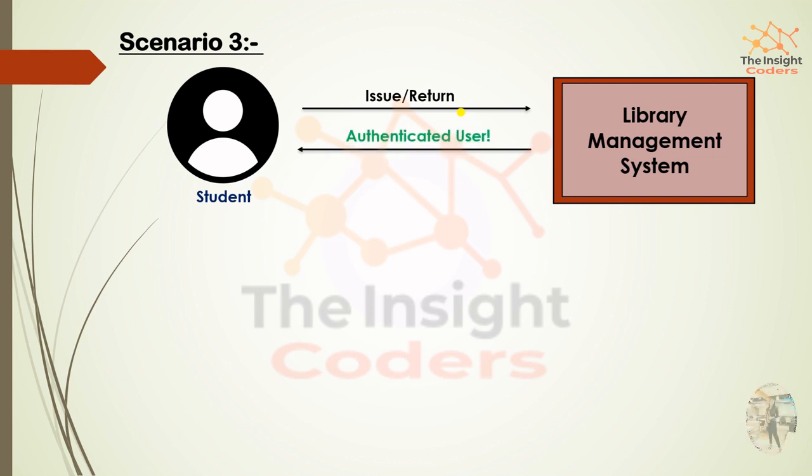Even though he is an authenticated user, he won't get access to issue or return any book. He only has access to view the books, to reserve the books, to do the basic stuff in the college library, but he is not allowed to issue or return the books. Otherwise, he could issue and return any number of books for any number of people, correct? So that was not a correct privilege to be given to a student.